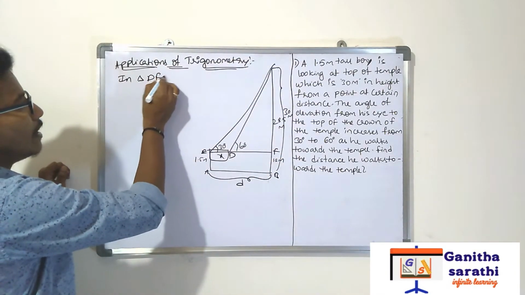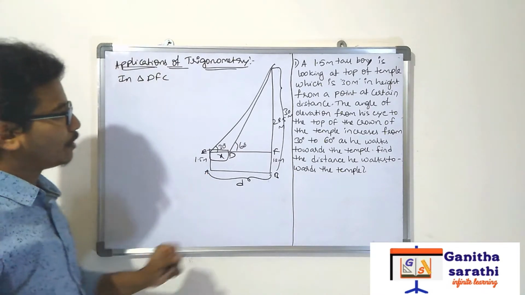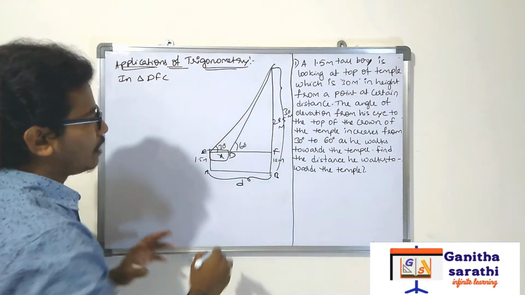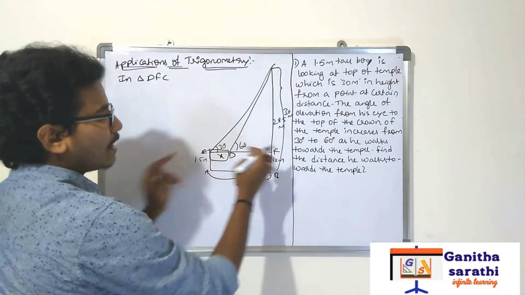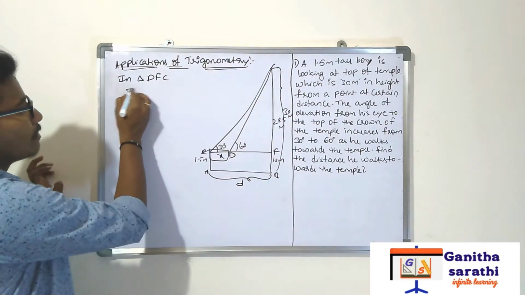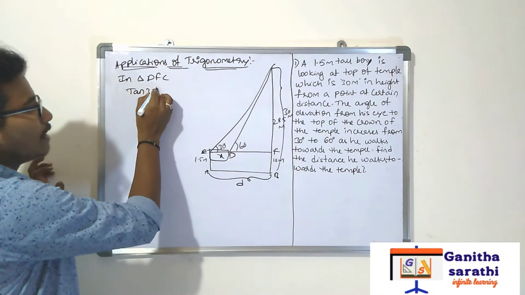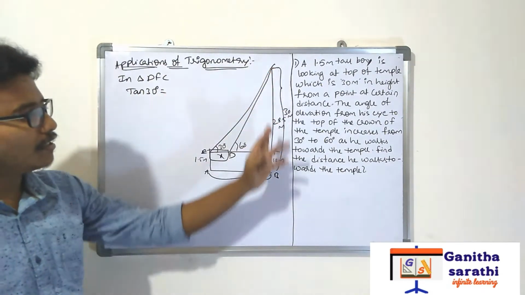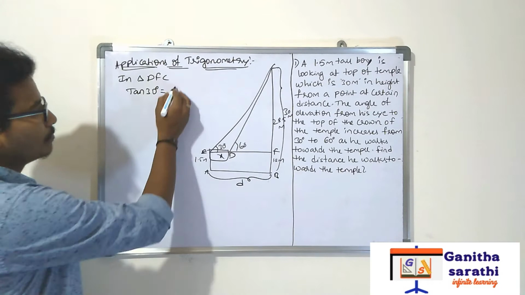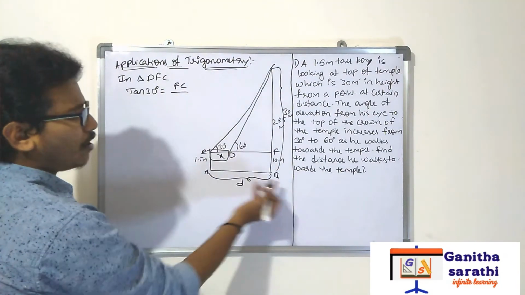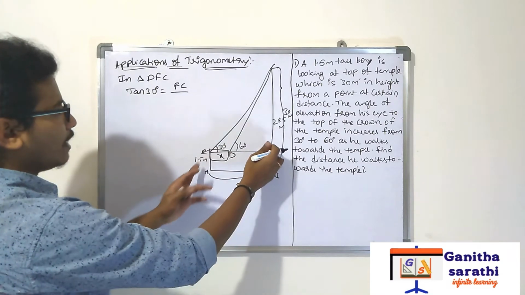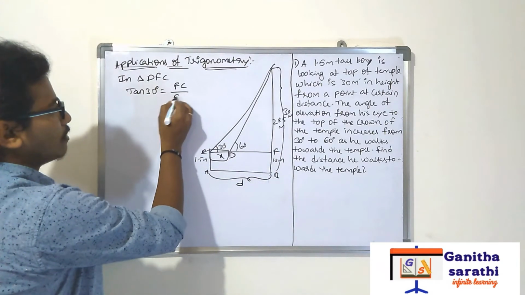In this triangle I am taking tan because this is the opposite side and this is the adjacent side. Tan 30 is equal to the opposite side FC by the adjacent side, which is EF or AB. You can take anything. We are taking this triangle now, so EF.